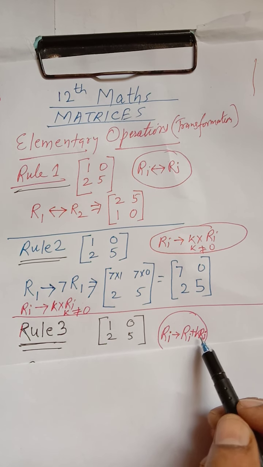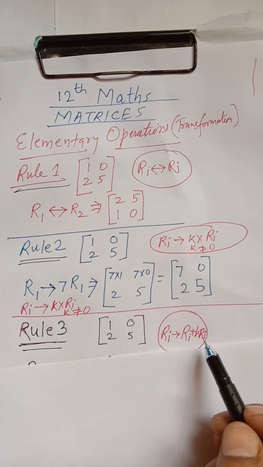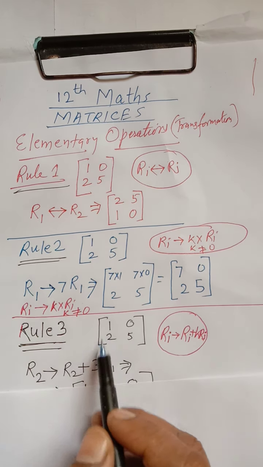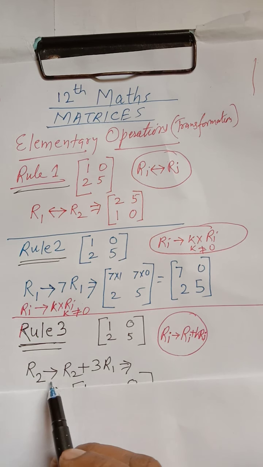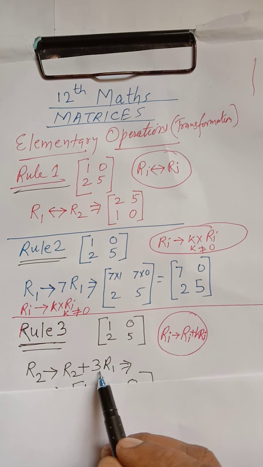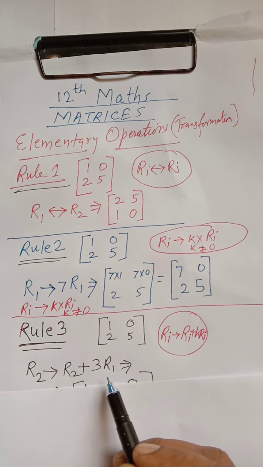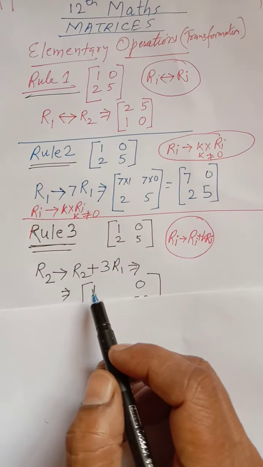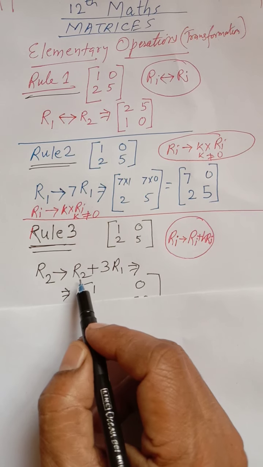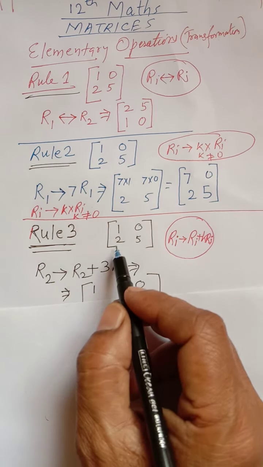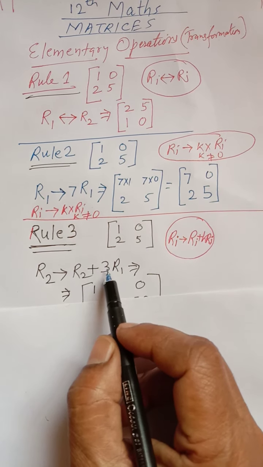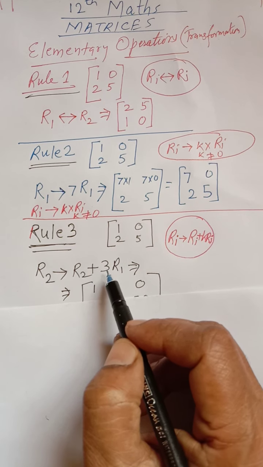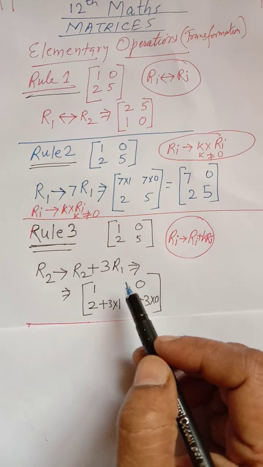Here also k will not be equal to 0, so you can take any number other than 0. See this. We are operating here on this matrix R2 plus 3R1. R2 plus 3R1 means you take row number 2, which is 2, 5, and to that you add R1 multiplied by 3. So let us see this.